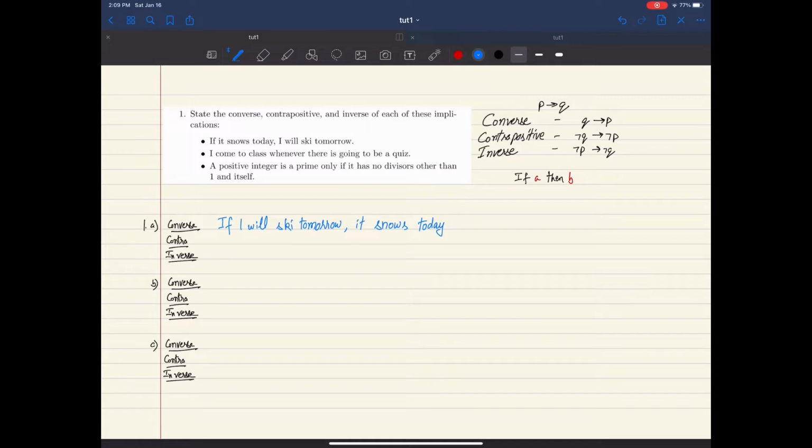For the contrapositive, we take the converse and then we negate the P and Q. It will be: if I will not ski tomorrow, it does not snow today.